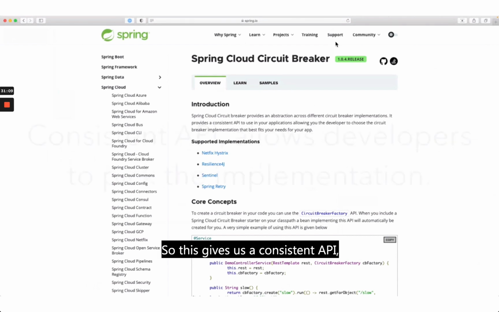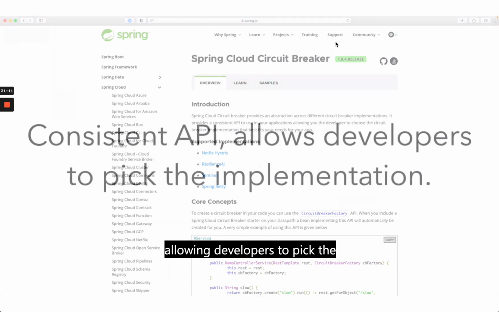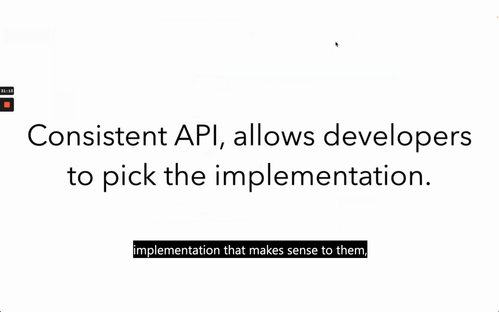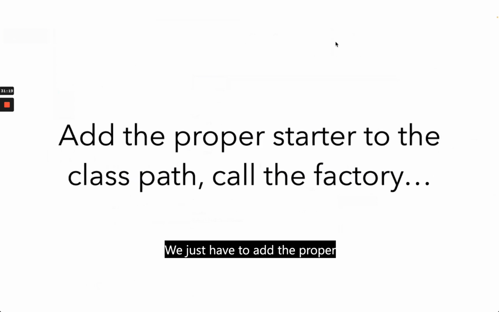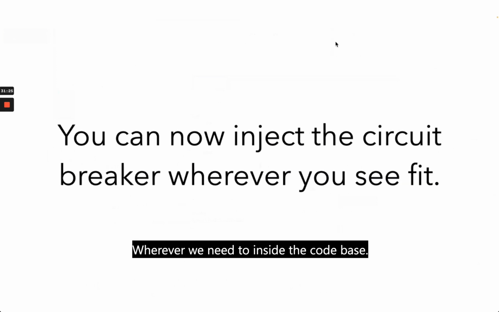This gives us a consistent API, allowing developers to pick the implementation that makes sense to them, whether it's Hystrix, Resilience4j, Spring Retry, etc. We just add the proper starter to our classpath, call the factory, and now we can inject that circuit breaker wherever we need it inside the code base.